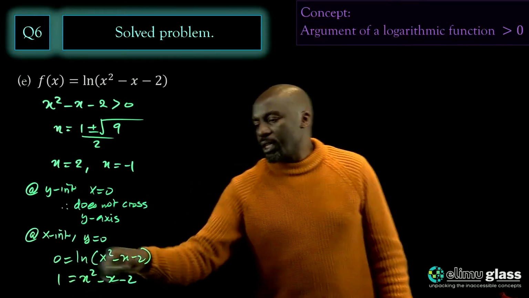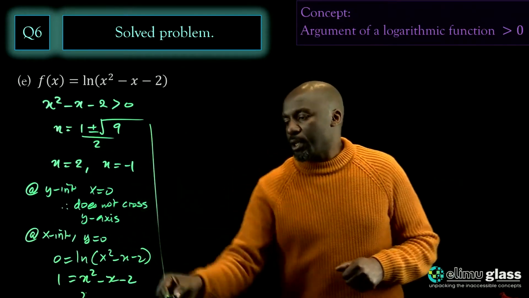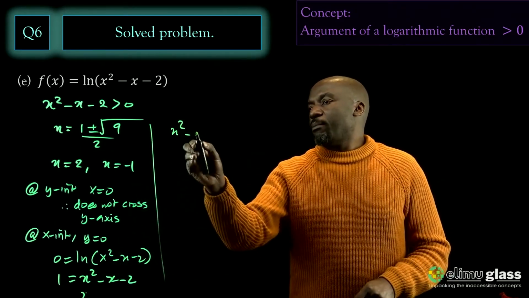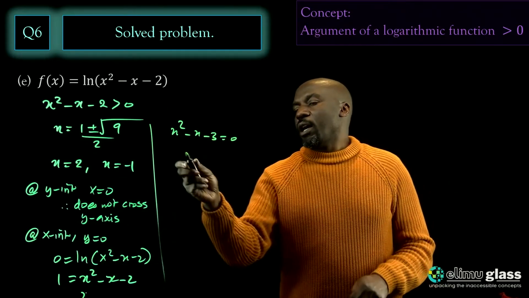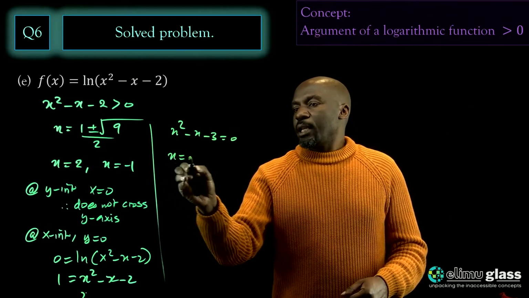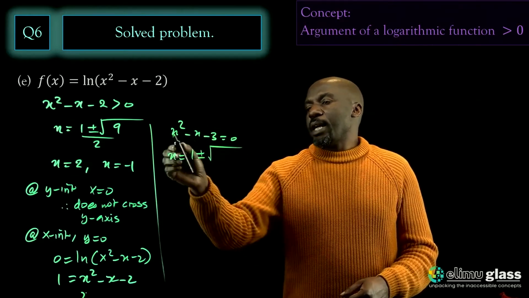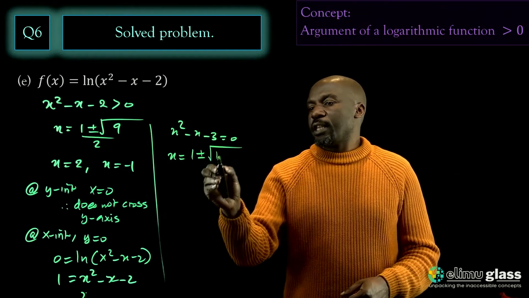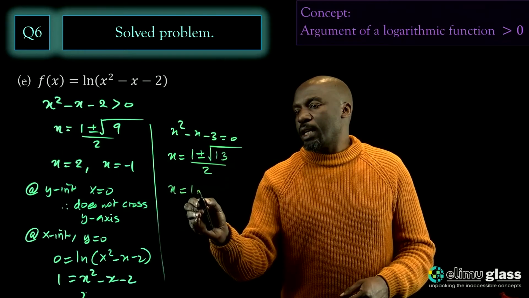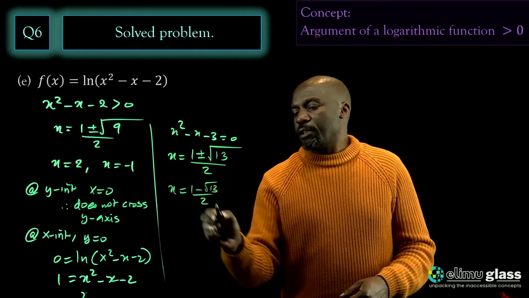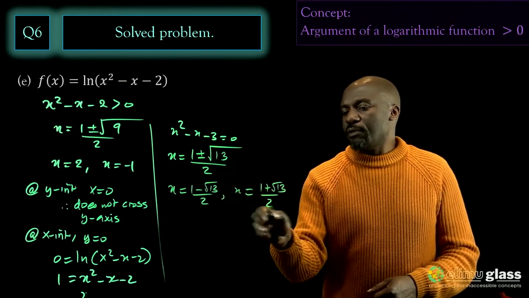This is a quadratic equation: x squared minus x minus 3 is 0. Solving this, we get x equals 1 plus or minus the root of 1 plus 12, that is 13, divided by 2. So the two solutions are x is 1 minus root 13 over 2, and x is 1 plus root 13 over 2.